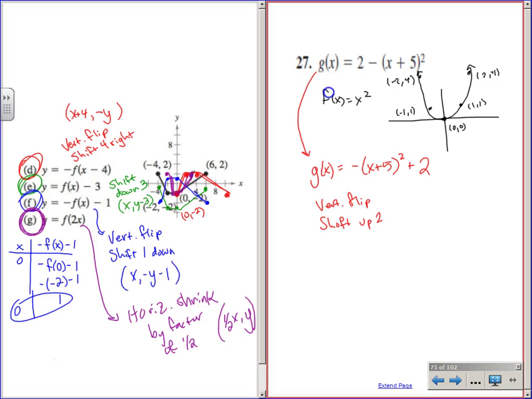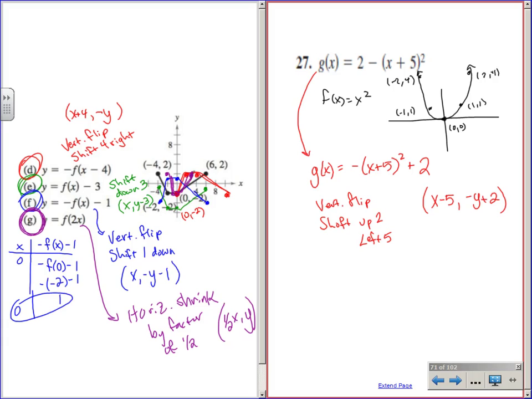We have a shift up 2, and then we have a shift left 5. Okay. So what would our representative point be? X minus 5, 5 plus 2, and this vertical flip. Like that? Wait, there's vertical flip.